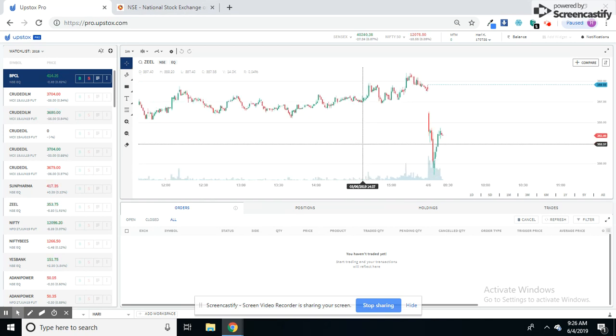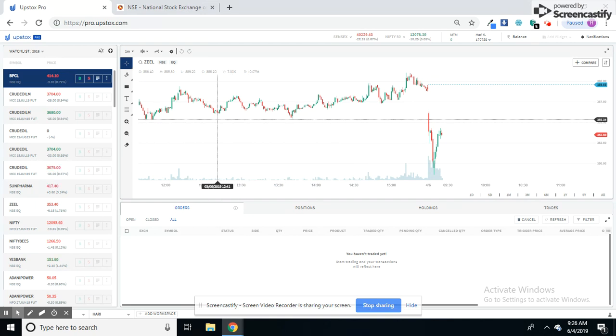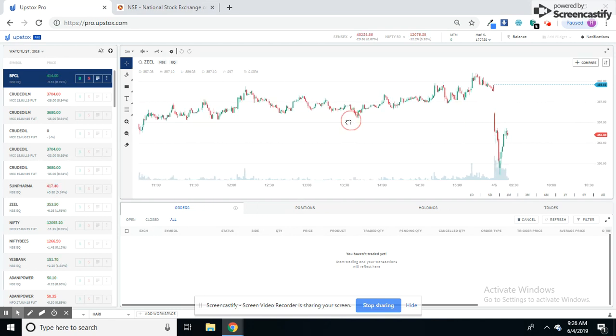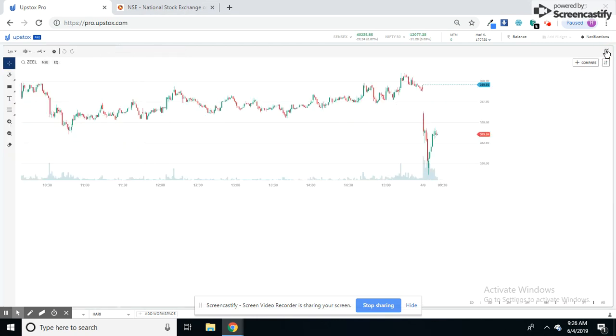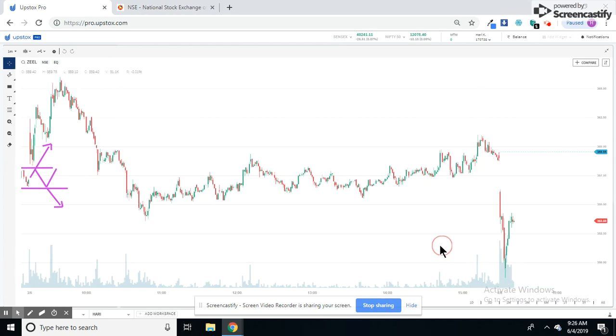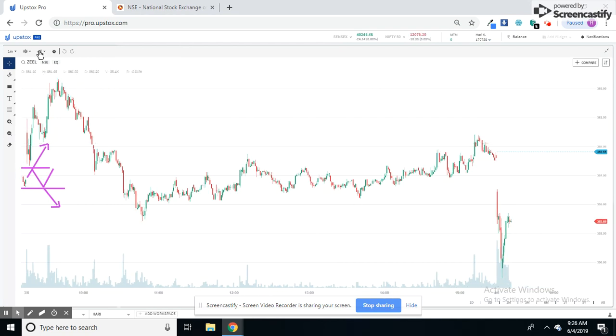Now, if you closely observe, there was kind of support at this level, right? There was a support formed at this particular level. Let me show it on the bigger graph. Yesterday we discussed support and resistance levels.